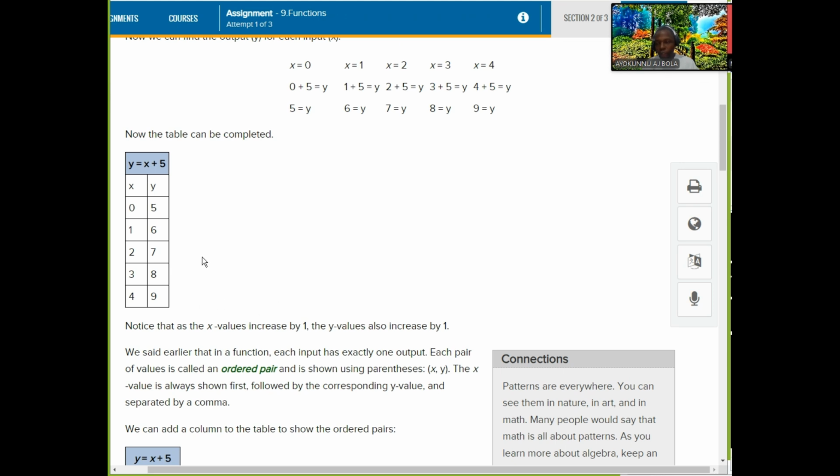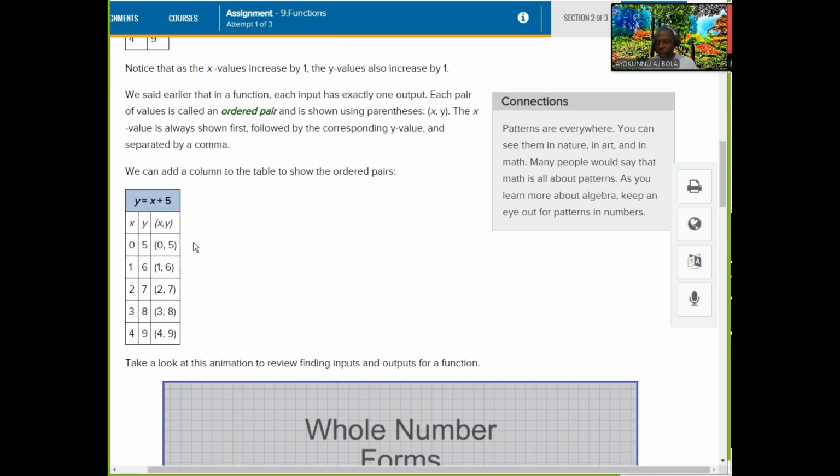Yes. Okay, now if you want to write the points, they will be 0, comma 5, 1, comma 6, 2, comma 7, 3, comma 8, and 4, comma 9, which are the input and output, or the x, comma y values.